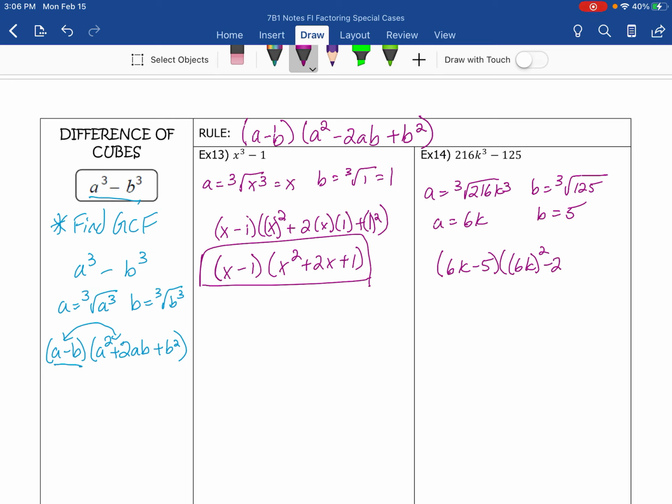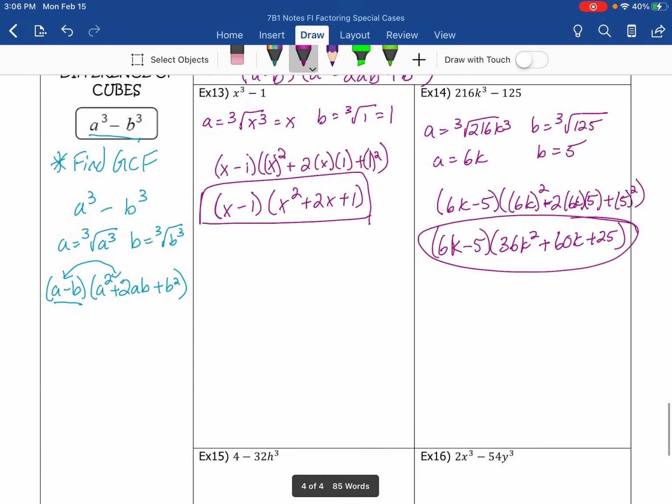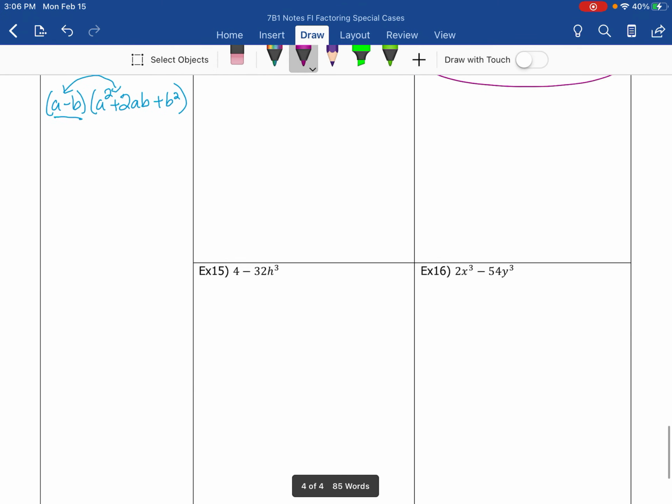And so it's going to be 6k minus 5 times the quantity 6k squared plus 6k times 5 plus 5 squared. So we have 6k minus 5 times 36k squared. Don't forget to square both parts. Plus 30k plus 25.